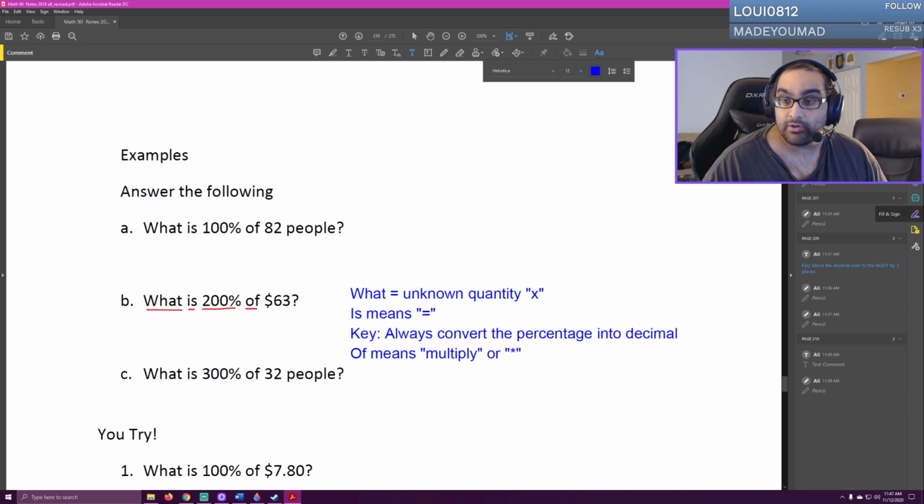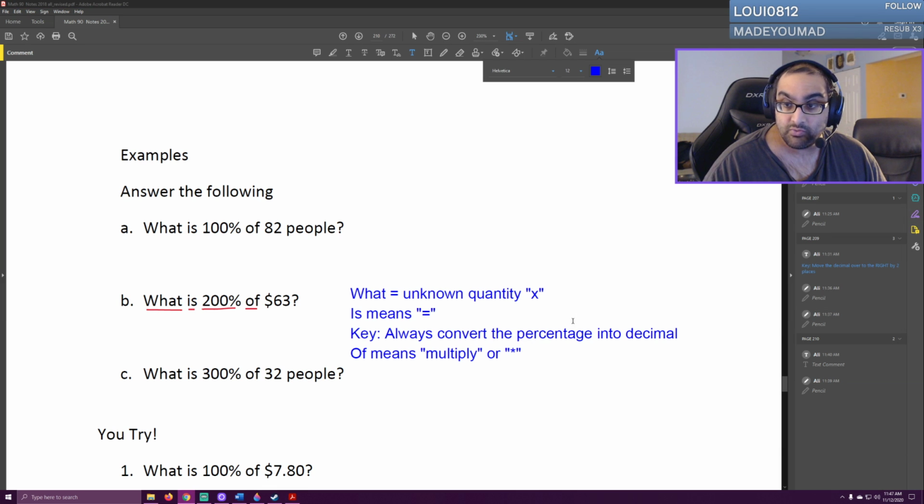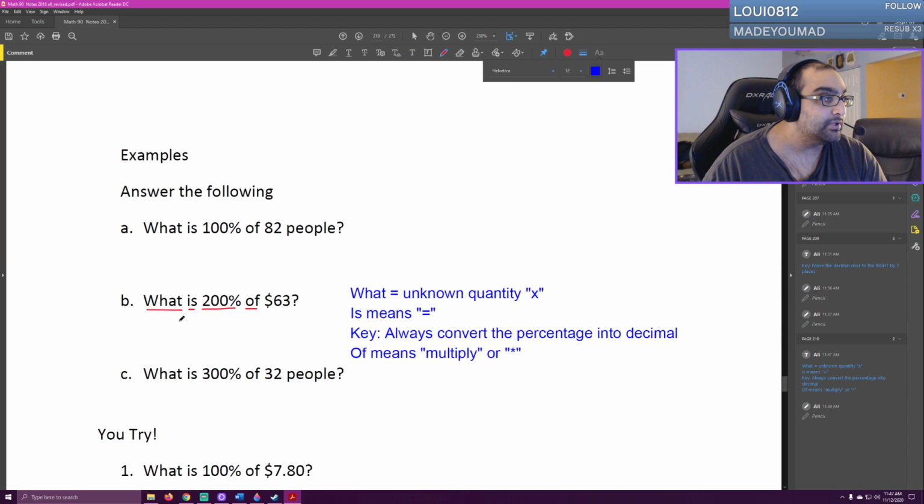So the way we want to look at this here carefully is we want to break this down appropriately. And the way we break this down appropriately is we say what, which is x, is, which is equals.